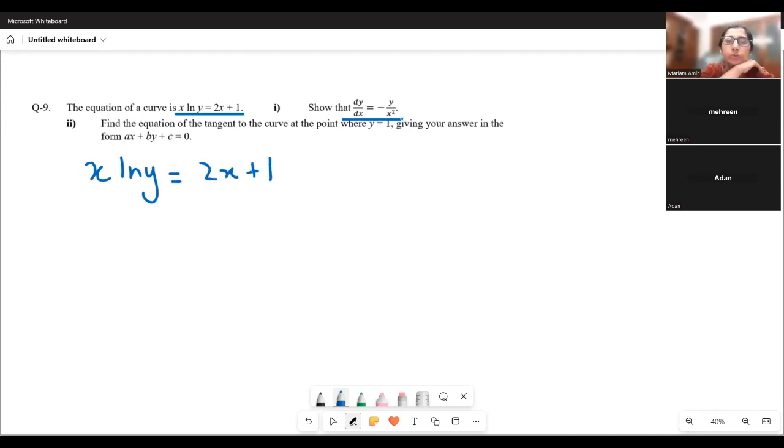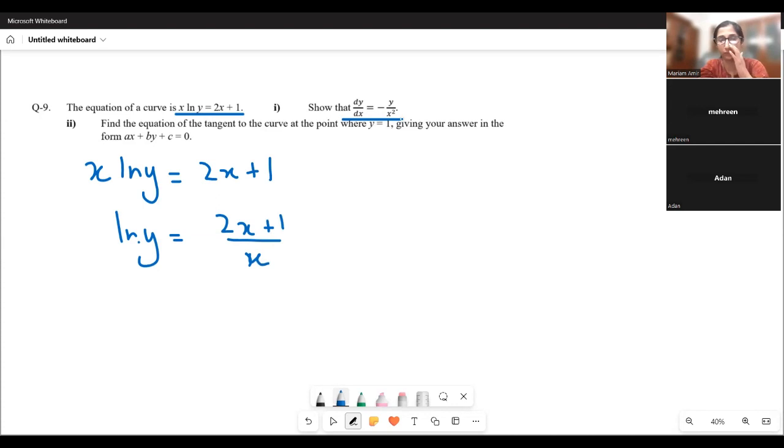So either you may make ln y the subject. Let's make ln y the subject: ln y equals 2x plus 1 upon x.